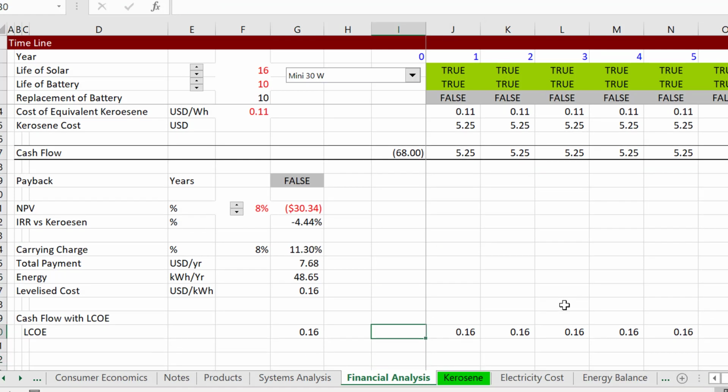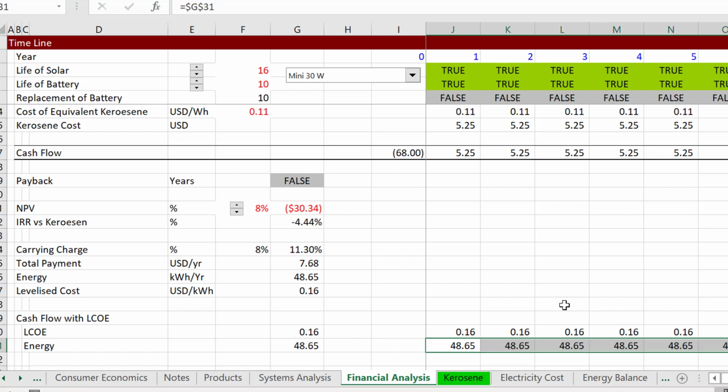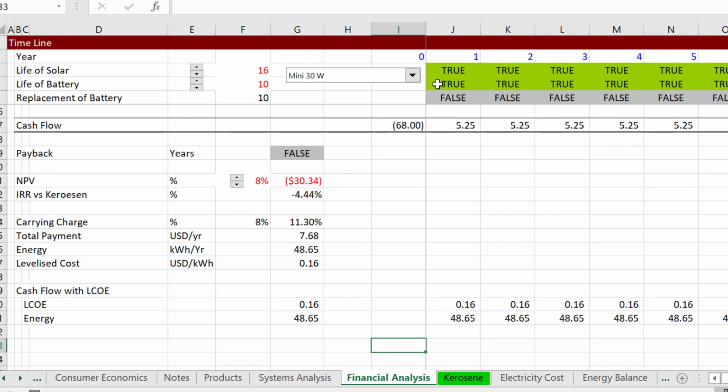Then we put in the energy, the kilowatt hours we use per year, which still, by the way, do not reflect anything real because, of course, I didn't stop this with our battery. They still don't reflect the actual sunlight.